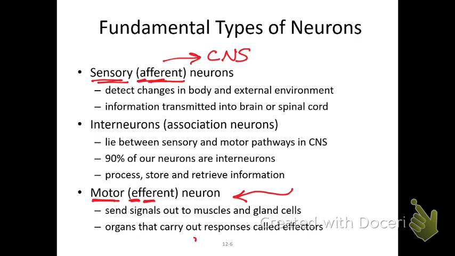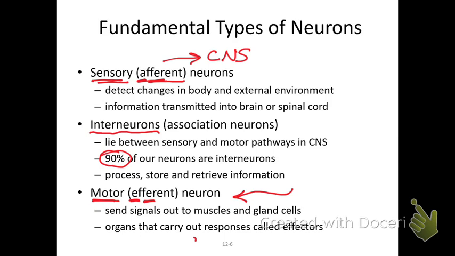Finally, in between, there are interneurons. You know from vocab that inter means between. So these are the neurons found between the incoming sensory and the outgoing motor neurons. They are found 100% completely contained within the CNS, within the brain or spinal cord. They account for the vast majority of our neurons. Here I report 90%.